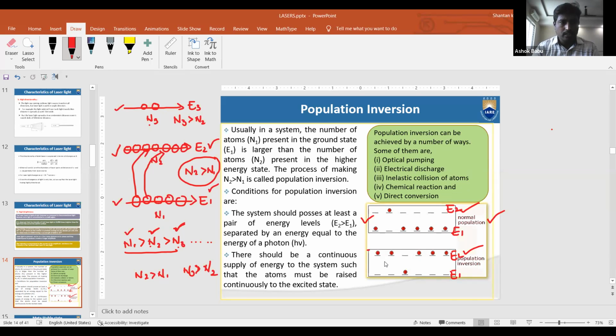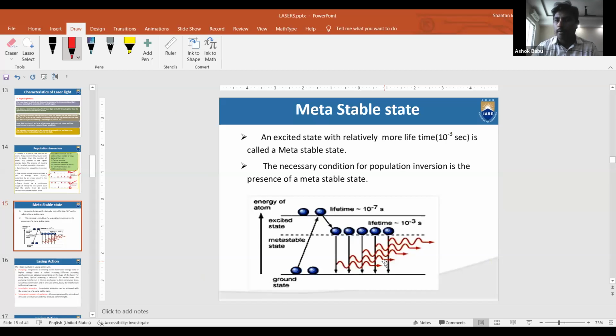One more definition is the metastable state. To achieve population inversion, the metastable state is compulsory. The metastable state is where the atoms spend the maximum time. The state where the atoms spend the maximum time, we call a metastable state.